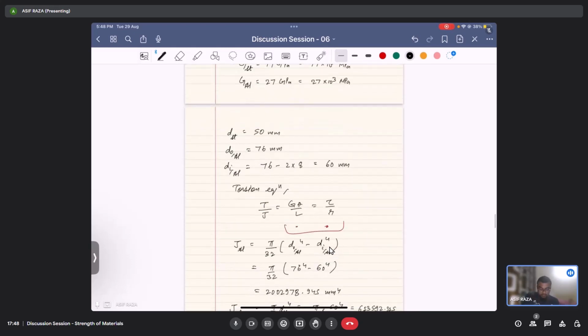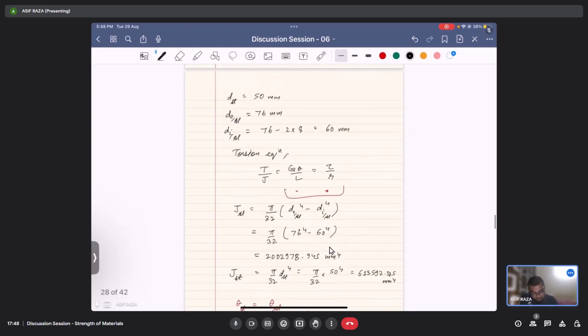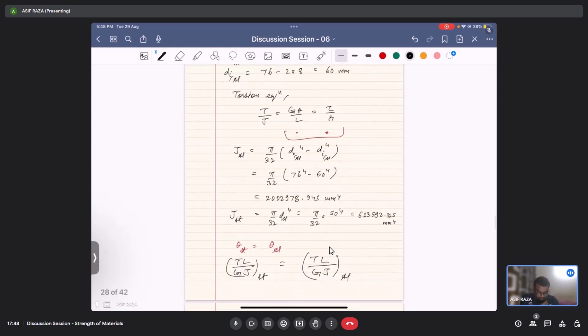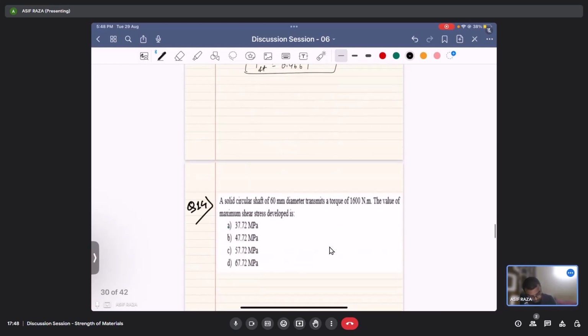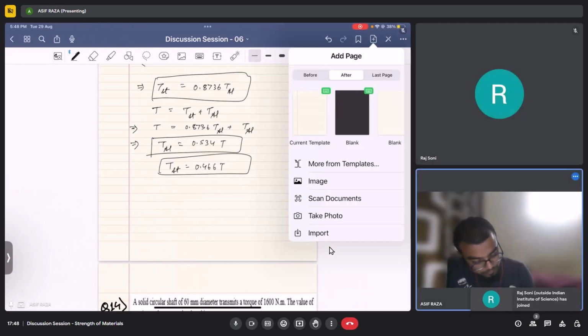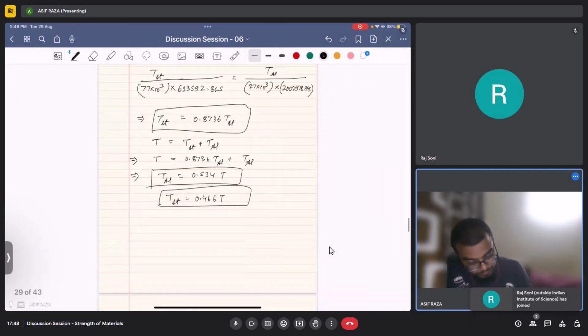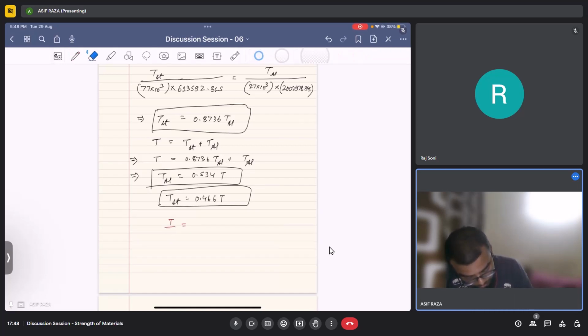So we'll use the first and third expression of the torsion equation to calculate the maximum torque in the system, and that is T by J is tau by R.